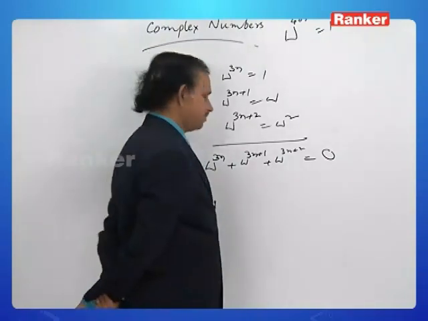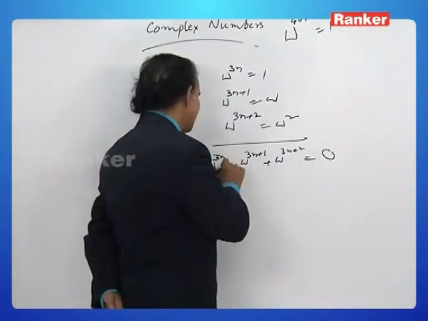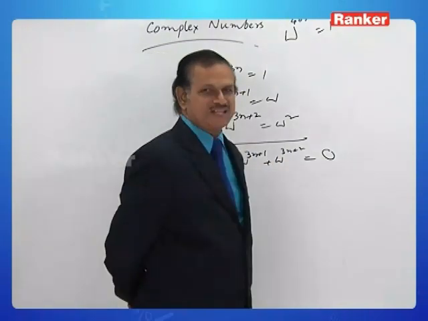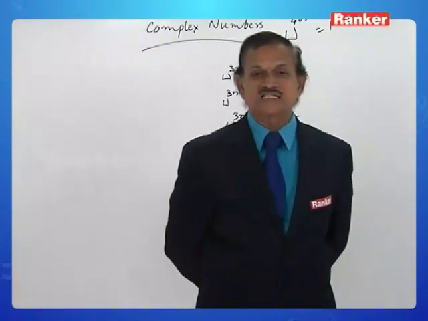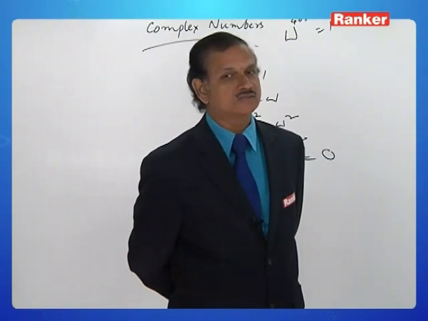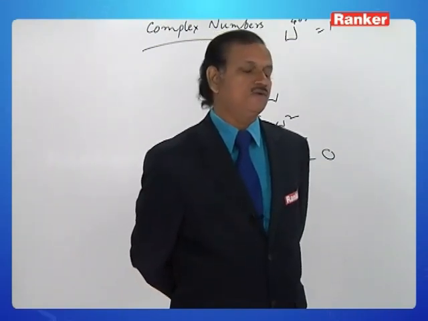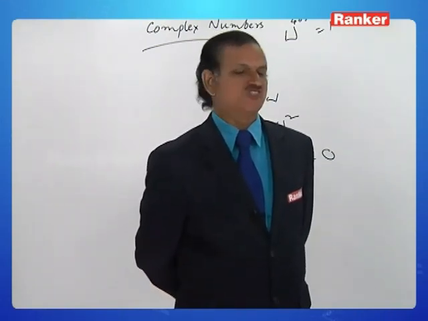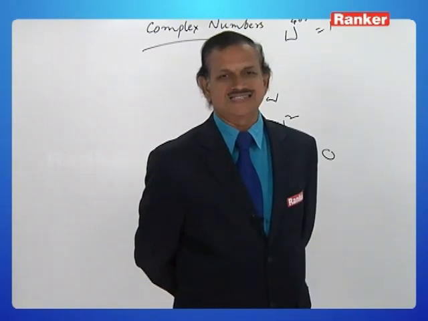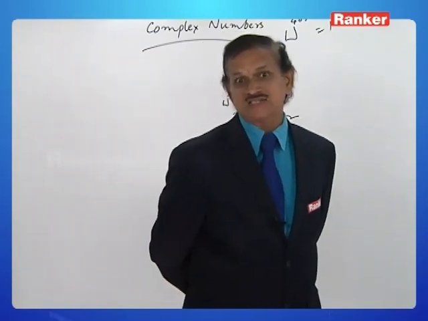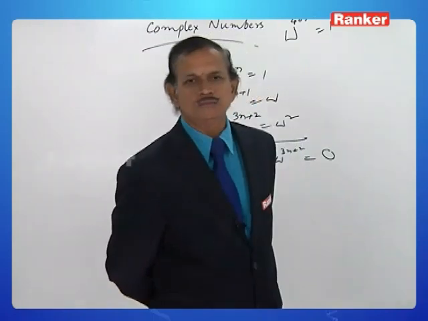A beautiful concept here. What are 3n, 3n plus 1 and 3n plus 2? Are they not successive natural numbers? So if you consider the sum of 3 successive integral powers of omega, it will be 0.